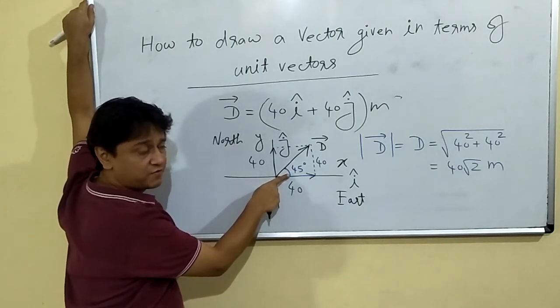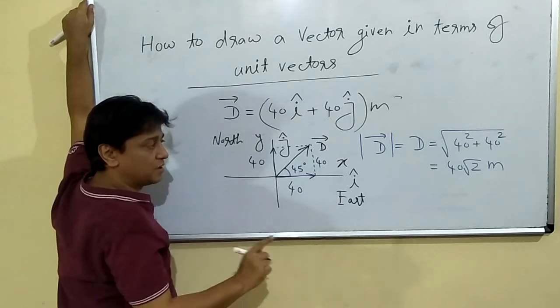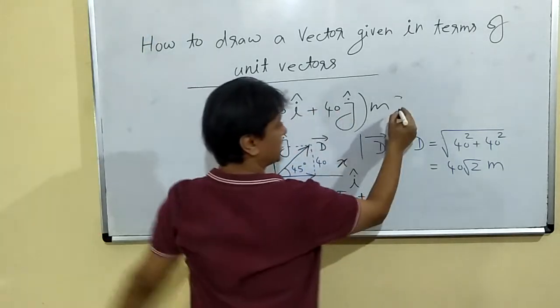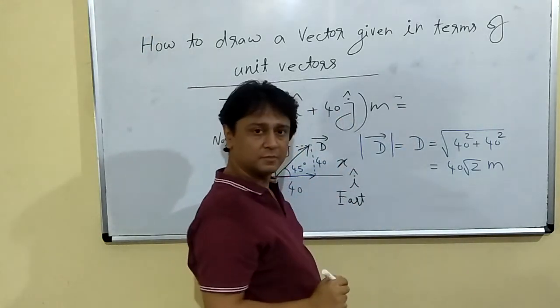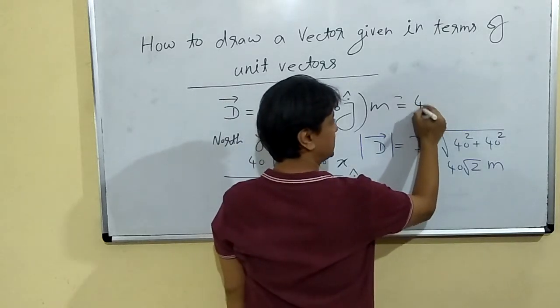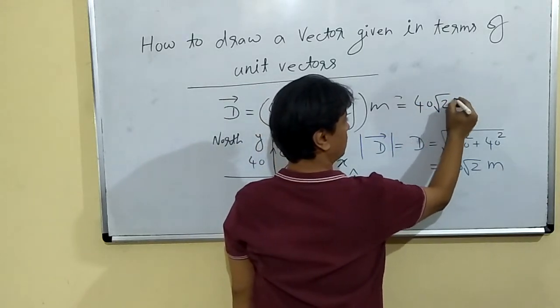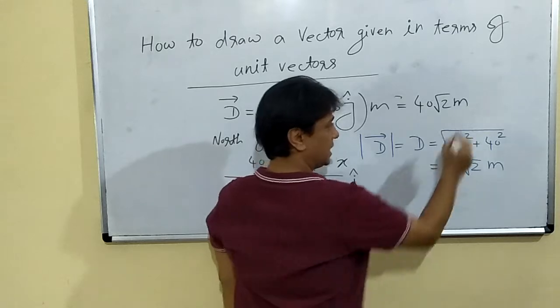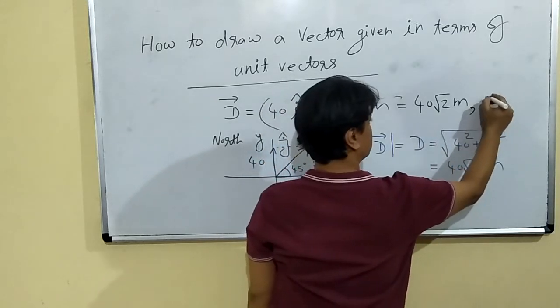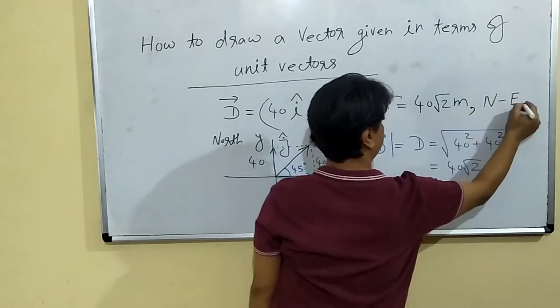This angle must be 45 degrees. Therefore, this 40 I cap plus 40 j cap can be simply written as 40 root 2 meters and direction is northeast.